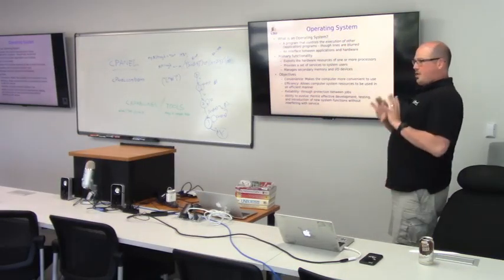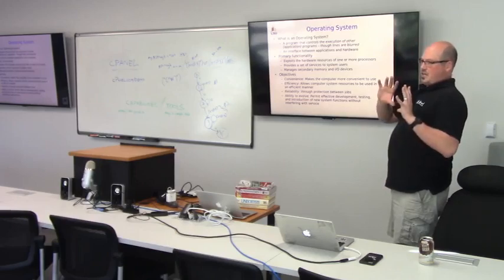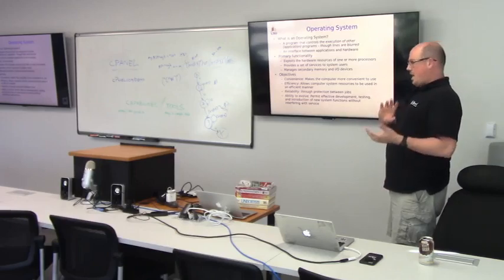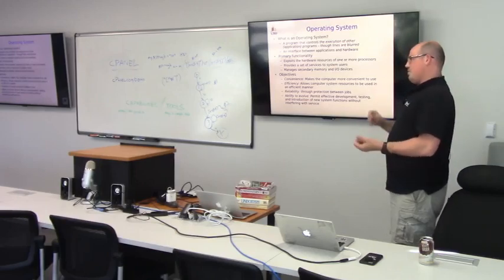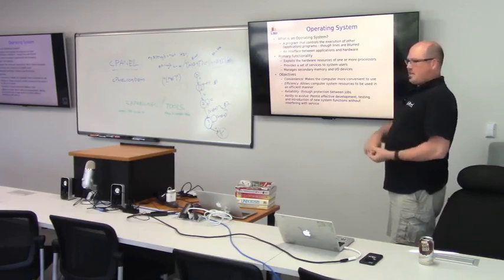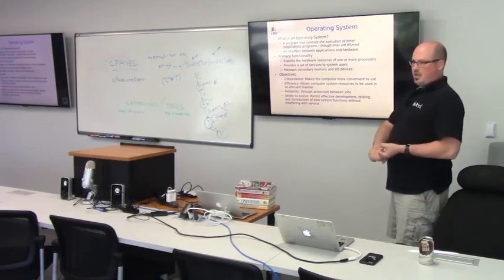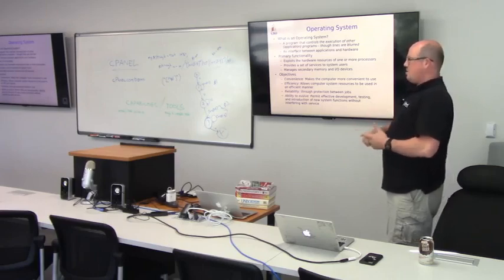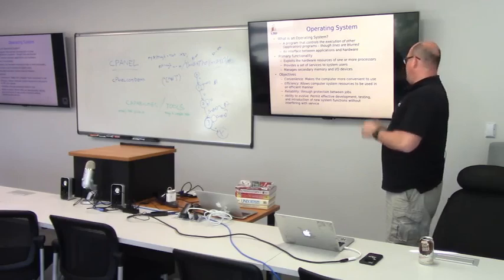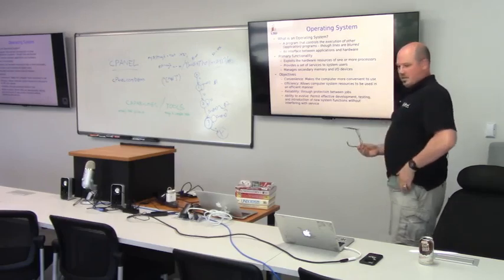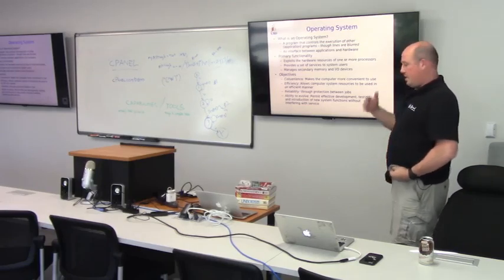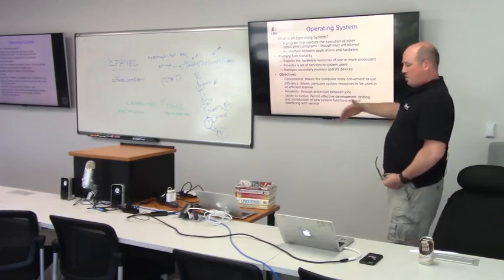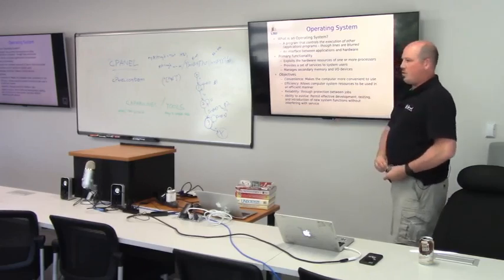It controls the programs that are running. It controls the allocation of computing resources, so the computer processes, the memory that each process is allocated, the security of the system, the networking, and it implements basically all the communication between the user and the computer and whatever network you might have.